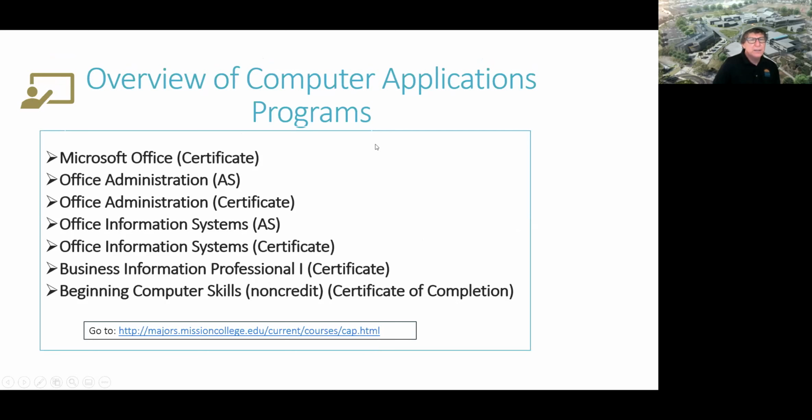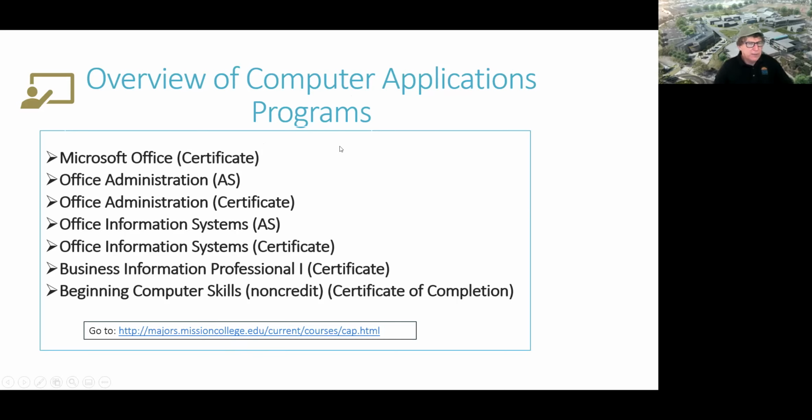Thanks, Judy. The courses that make up these certificates are based on the most important skills that industry needs for prospective workers, and also what you need to survive as a student at the college.